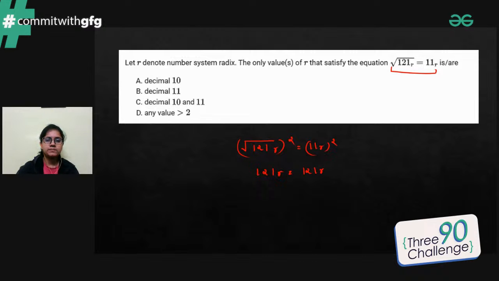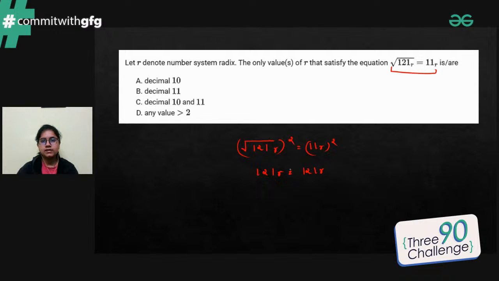Any value of r greater than 2. Absolutely correct, Jay. The answer is correct. It is option D. Can you just write the reasoning why the answer is D? Okay, because see, after this step, yes, Nishu, absolutely correct.